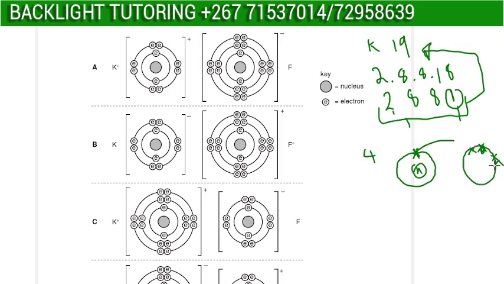So in order to obtain its octet state, it will be given 1 electron, right? These are dots, and this electron is given to fluoride, right? So this is fluorine, so the electron is given to it, right?